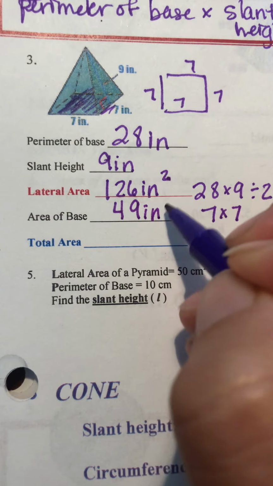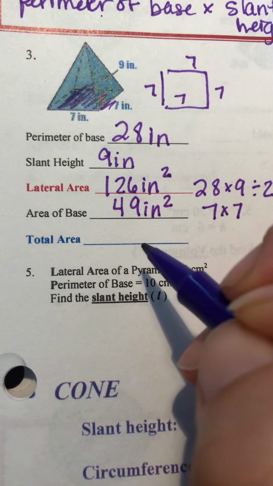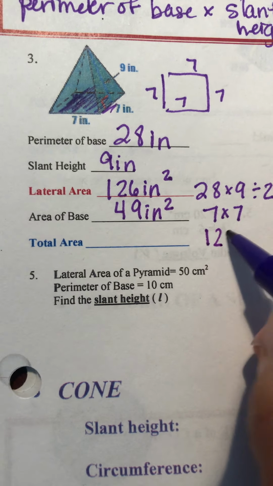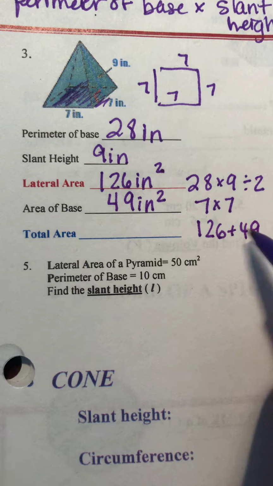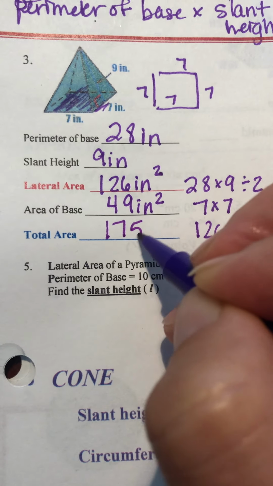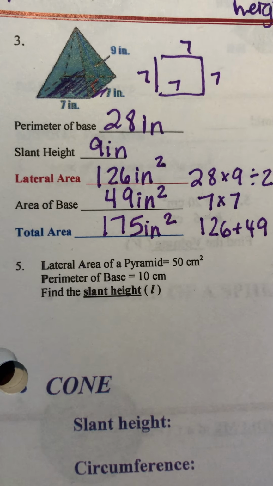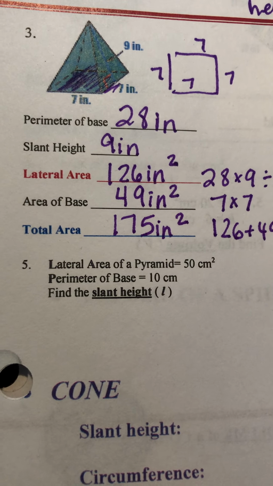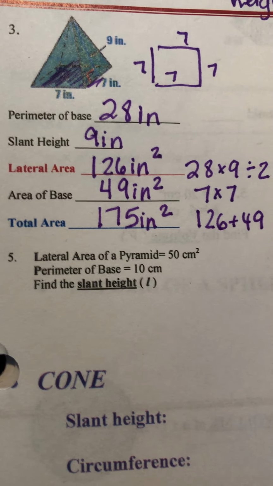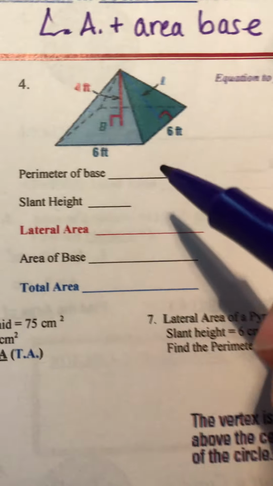Area is base times height, so 49 comes from 7 times 7, and then I'm going to add the 126 plus the 49, 175 inches squared. Lateral area plus area of the base. That's it.